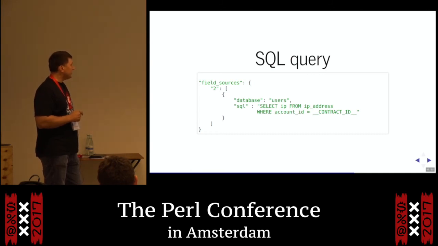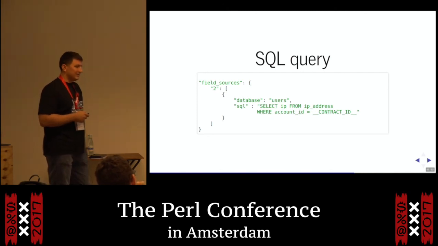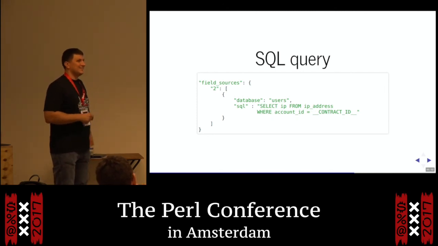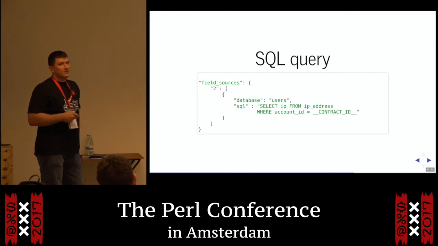So here we say that field number 2 gets the result from the database. I think it's like an ID, so it's not the second field. But you could use the name of the custom field. You could have named it IP.